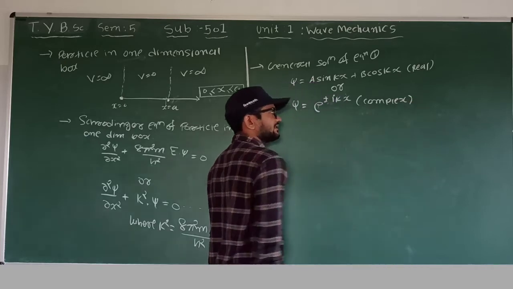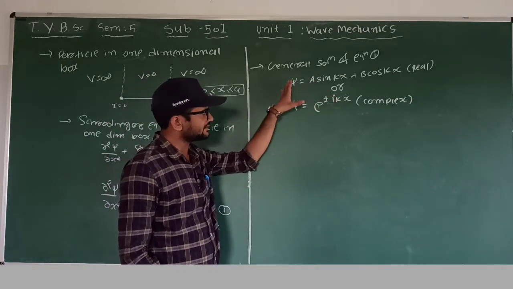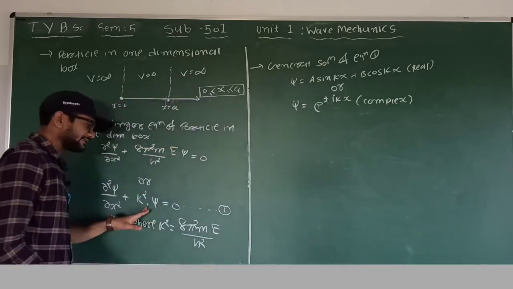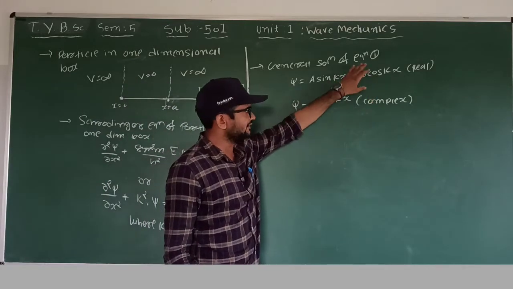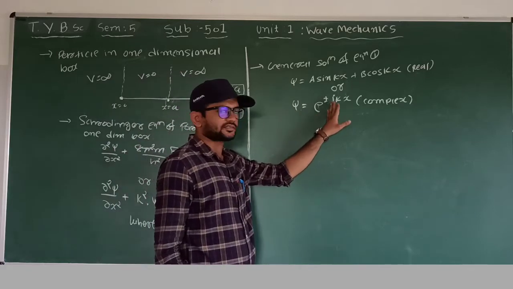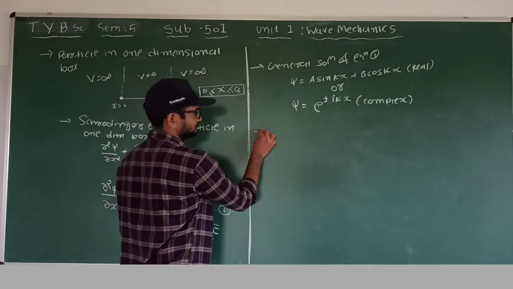These solutions are derived in quantum physics, but in this theory we assume the solution of equation 1 is psi is equal to A sin kx plus B cos kx, and another solution is psi is equal to e to the power plus or minus i kx.